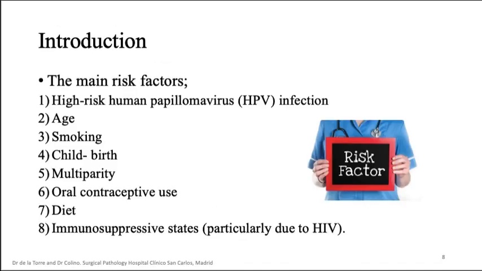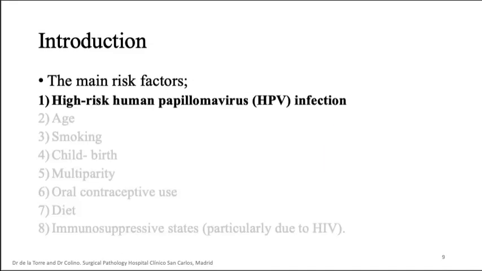The main risk factors associated with the development of cervical cancer include high-risk human papillomavirus infection, age, smoking, childbirth, multiparity, oral contraceptive use, diet, and immunosuppressive states, particularly due to HIV.